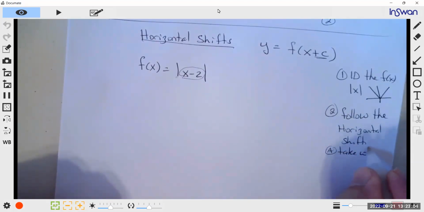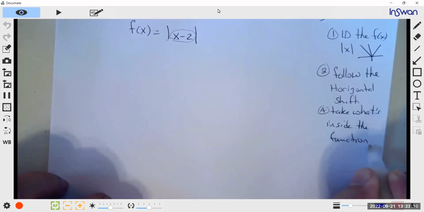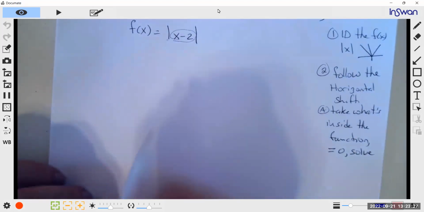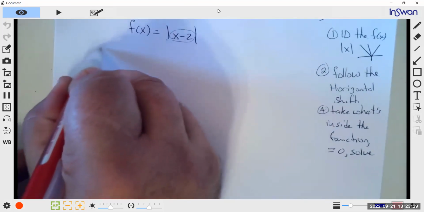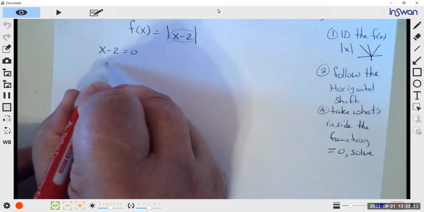Take what's inside the function, set it equal to 0, and solve. So I have to take what's inside the function, x minus 2, set it equal to 0, and solve.